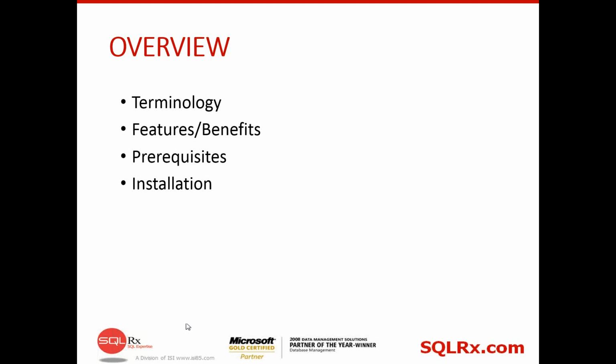To describe it real simply, what AlwaysOn is, you've got your production databases on a primary server, and then you have several secondary servers that you're going to replicate your data over to. And these secondary servers are actually live copies of your databases. They're not just backup copies sitting over there.